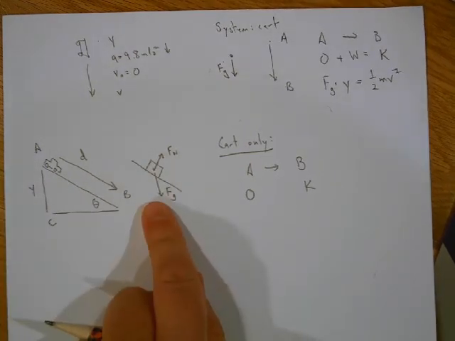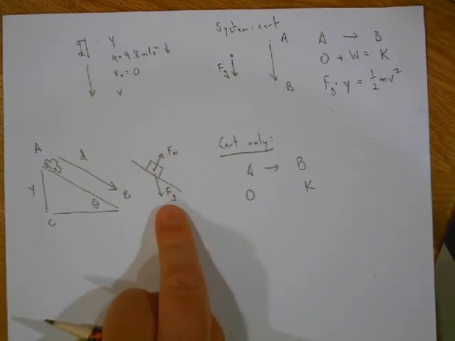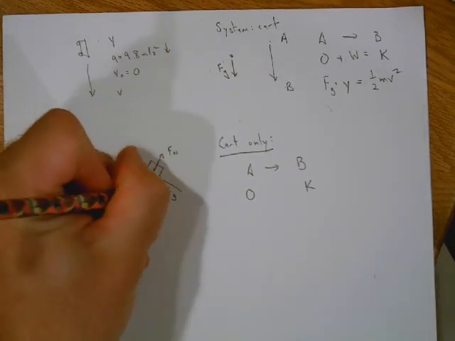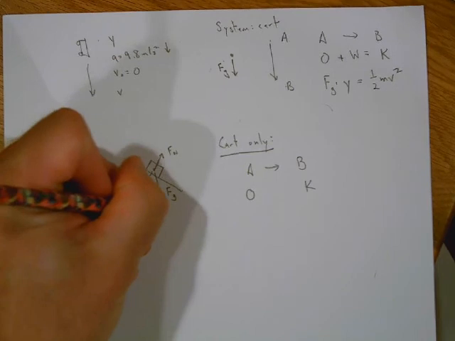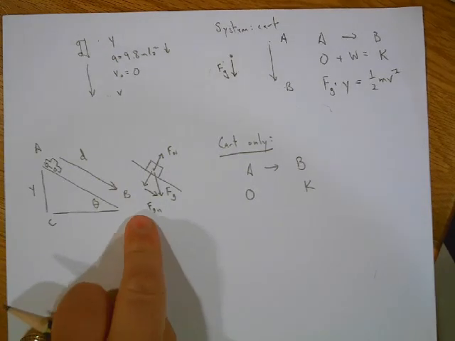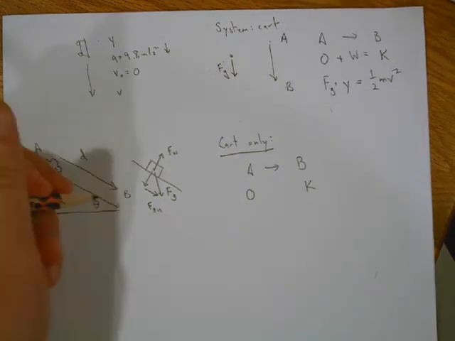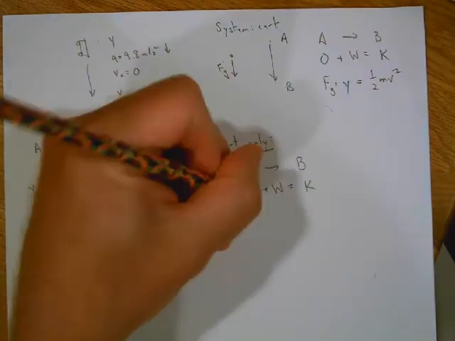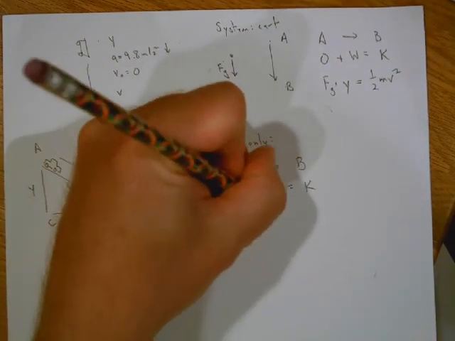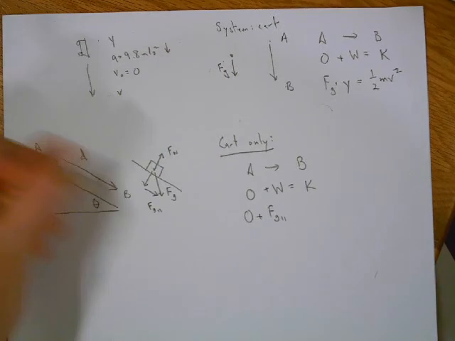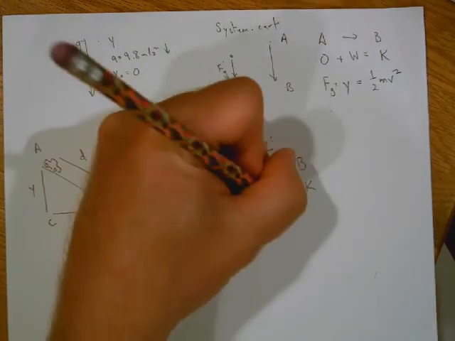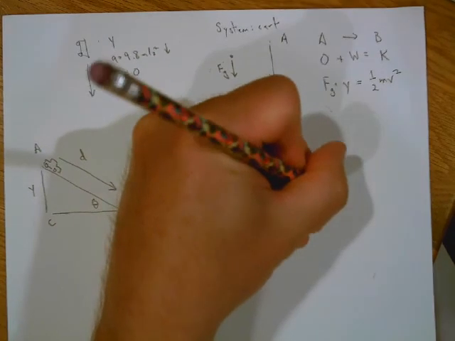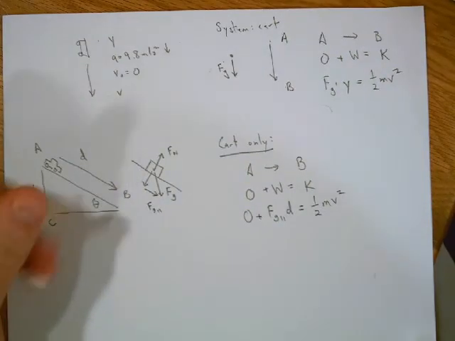The force of gravity is an outside force. Is the force of gravity going to do work? No, but that component, FG parallel, would do work. So there's definitely some work done, and this is going to be FG parallel times that distance, which we labeled d, equal to 1/2 mv squared.